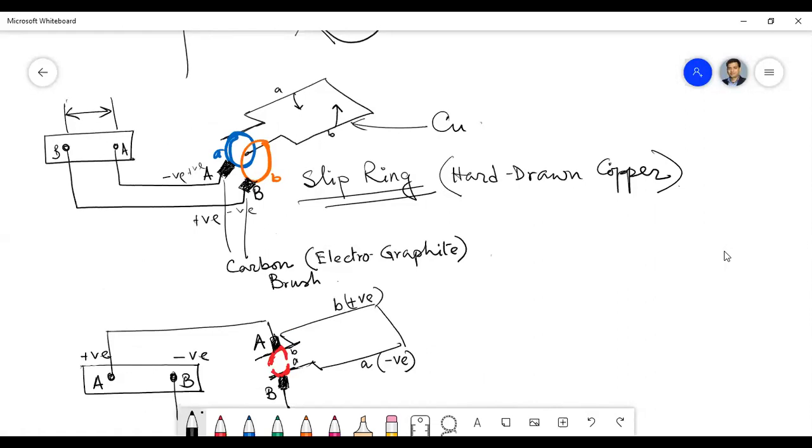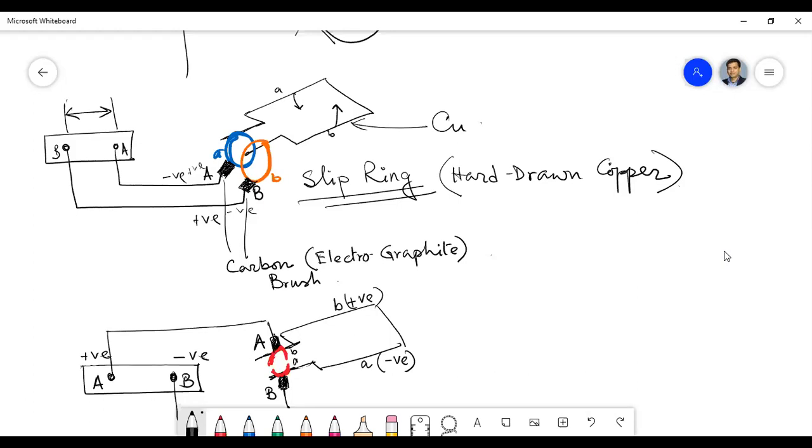So this process of making unidirectional voltage from bidirectional voltage is called the commutation process. Is that clear? And this type of commutation we get in case of DC generators. For DC motors, we get a different type of commutation, and that I will discuss later.